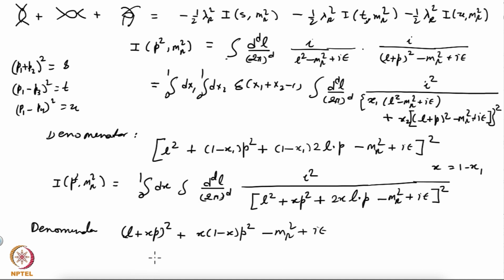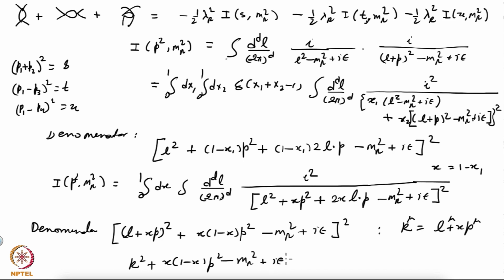So I'll define k equal to L + xP, and with this the denominator becomes k² + x(1 − x)P² − m_R² + iε, whole squared. This is what you get after the shift.